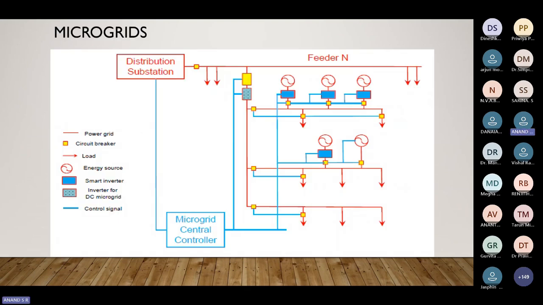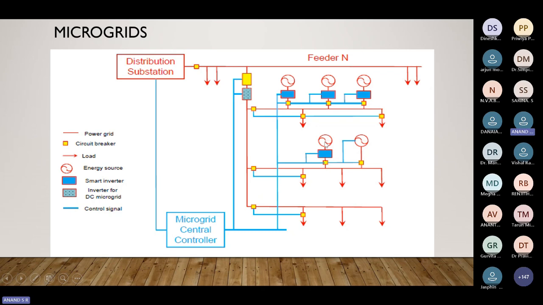Now coming to the microgrid. As I just mentioned in the beginning, we have a distribution substation and we'll be having a feeder. This is the conventional thing, and in the microgrid we'll be having distributed generation all across the distribution lines.